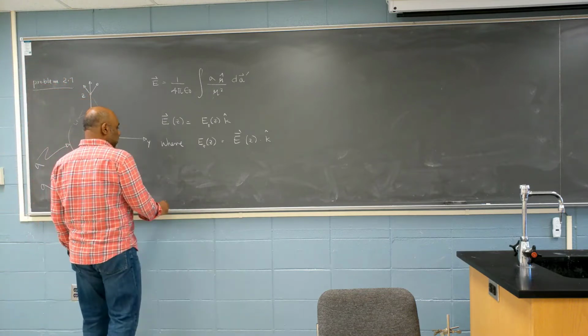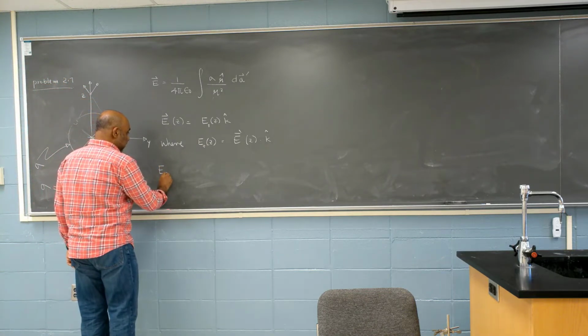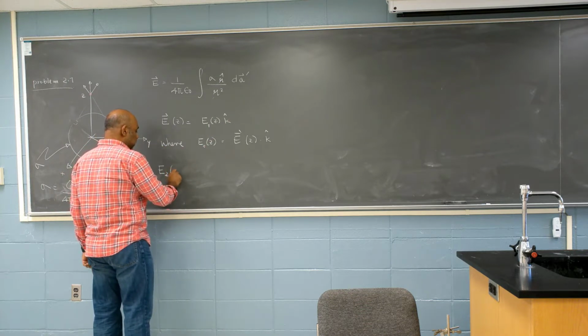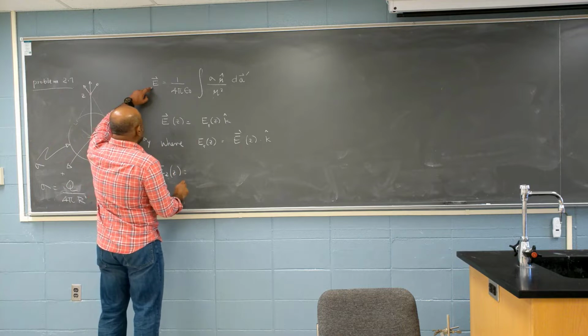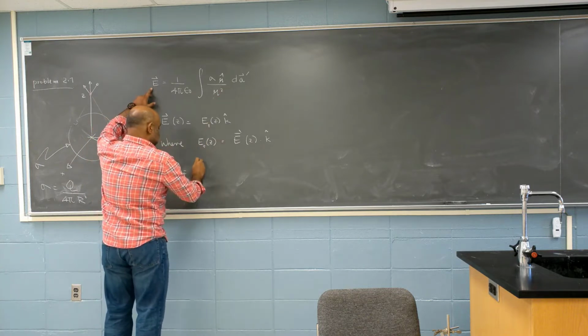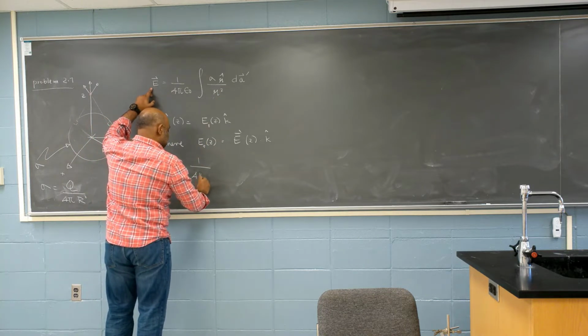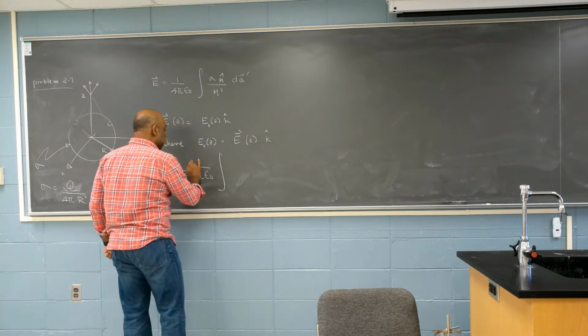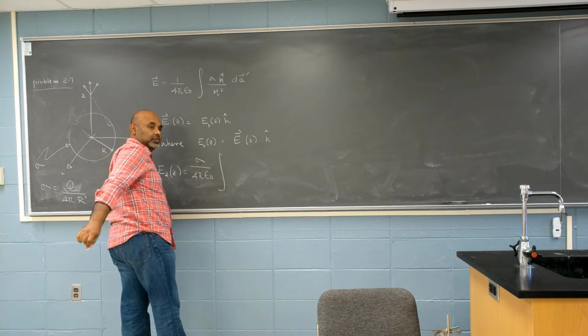So now I know the direction. It's going to be k hat. Now, what is the actual magnitude? Well, I take this and dot it with k hat. I can even bring the sigma outside at this point.